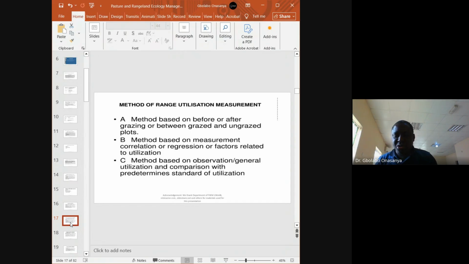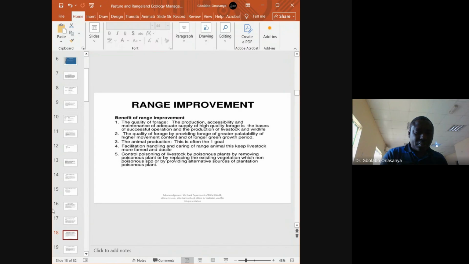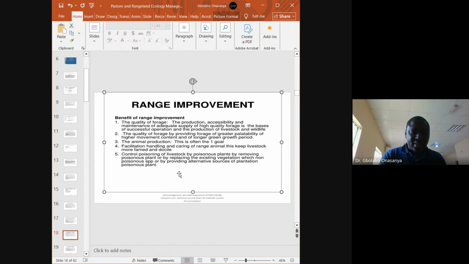That is what regression does. So we can use this in utilization of our rangeland. And number 3 is based on observation of utilization and comparison with a predetermined standard of utilization. Am I speaking sense?